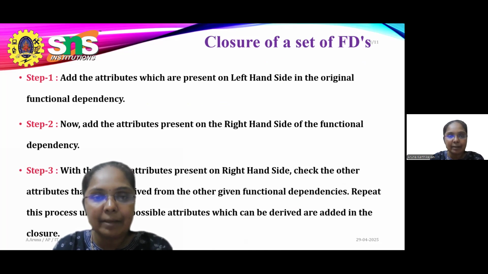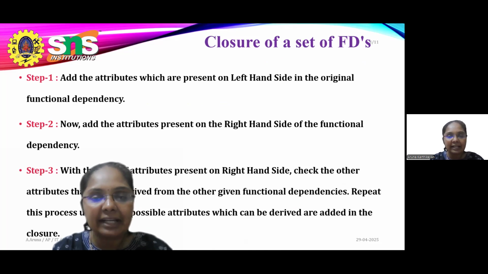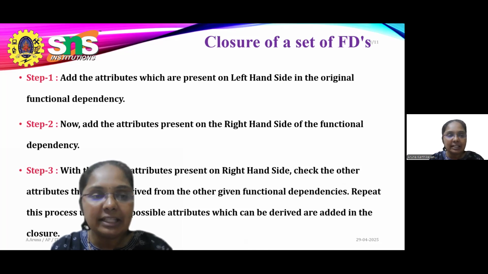First, we have to convert the left hand side attribute into a singleton attribute, so add the attributes which are present on the left hand side. After that, we have to add the right hand side, what is dependent over there, and also check the other attributes. These are the 3 steps to be followed to calculate the closure set of the given functional dependency.